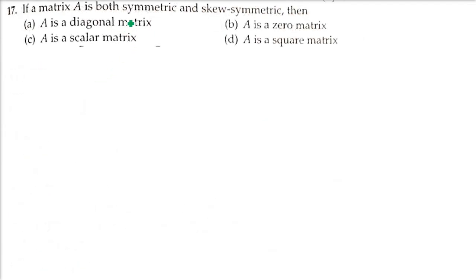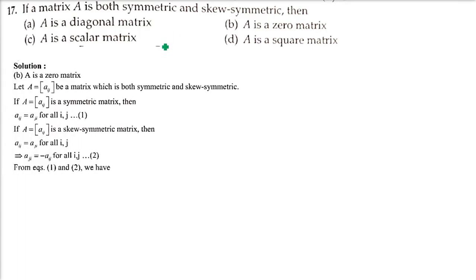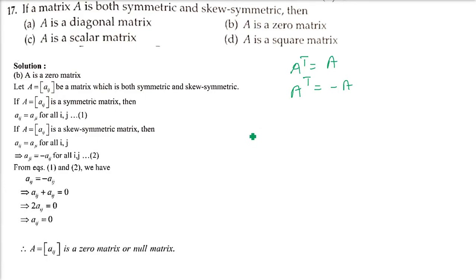If a matrix A is both symmetric and skew symmetric, then, see, we have already seen this, it can only be a zero matrix. I'll tell you how. A transpose equals A, that is a symmetric matrix. A transpose equals negative A, that is going to be a skew symmetric matrix. In the transpose, Aij will change to Aji, that is the row and column we are exchanging.